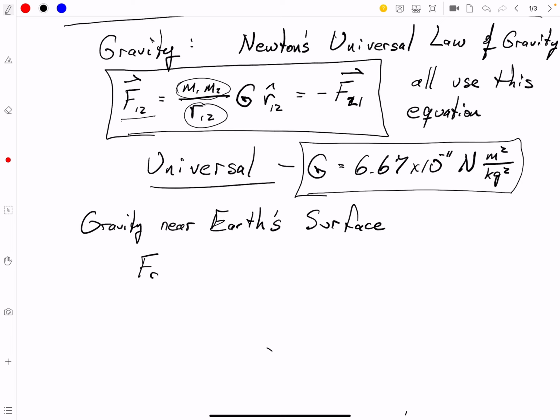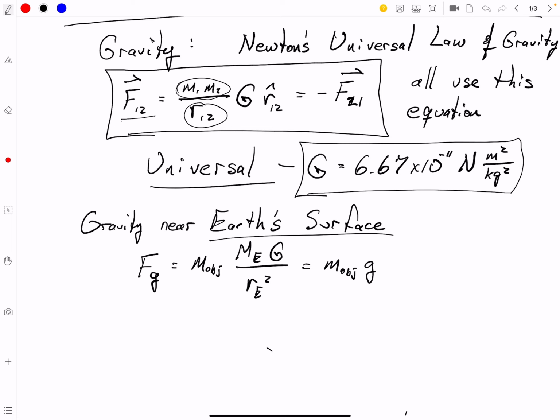So the force of gravity is equal to the mass of whatever object we want times the mass of the Earth times G over the radius of the Earth squared. And in the end, using Newton's laws, that ends up being mg on the surface of the Earth, which is where we're talking.